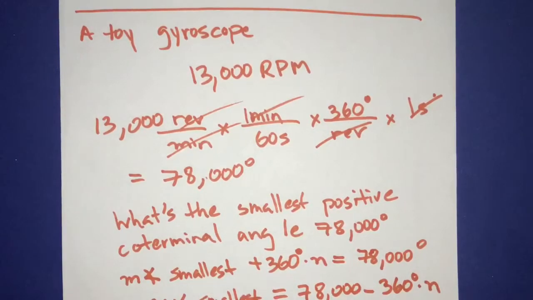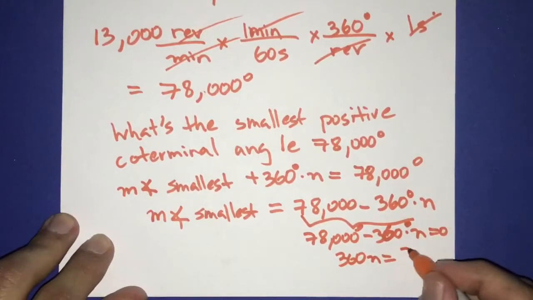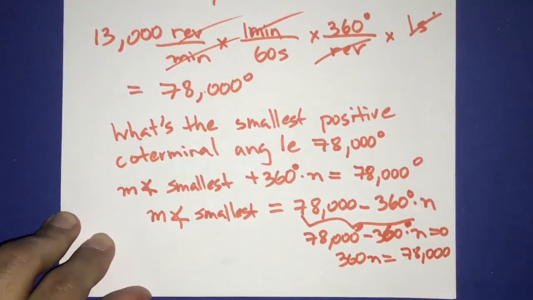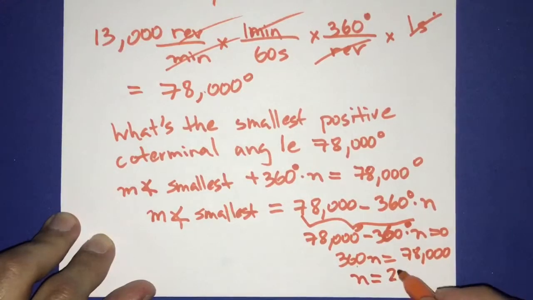Let's go ahead and take a look when this equals 0. So here we're going to get 78,000 minus 360 degrees times n equals 0. Okay, so if we move this 360 to the other side, we get 78,000, and if we divide by 360, we're going to see that this n is equal to 216.6 repeating sixes.